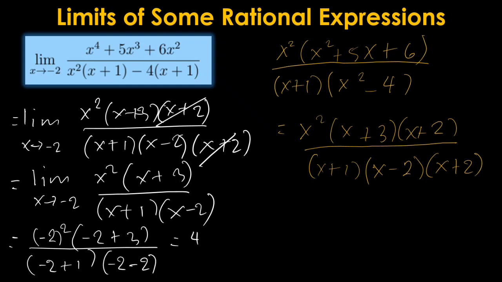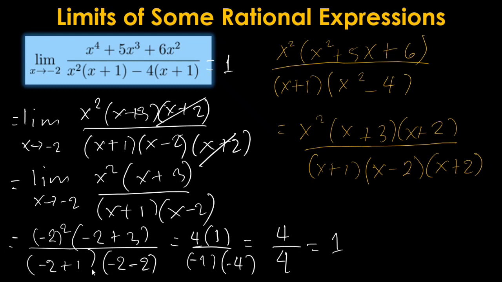Here we have 4 and negative 2 plus 3 is 1. Our denominator, we have negative 1 and negative 4. Then 4 over positive 4, so our limit is 1. Therefore, the limit of this expression is 1.